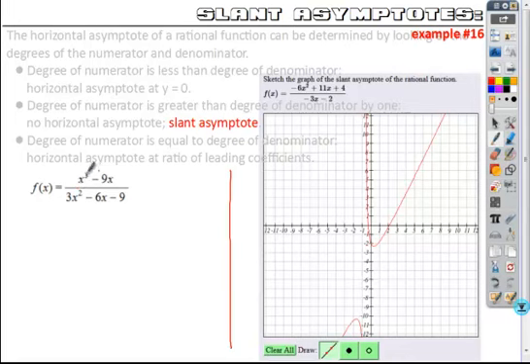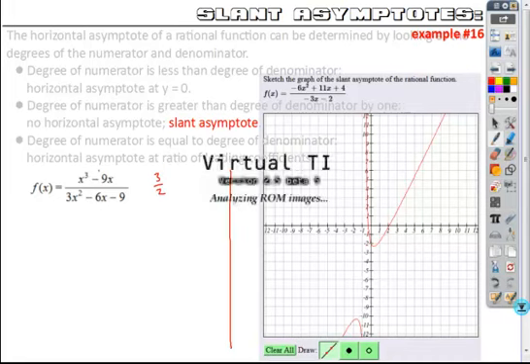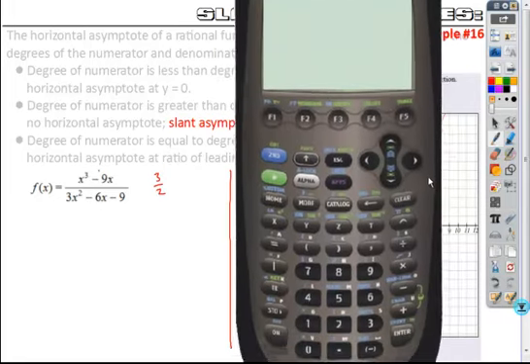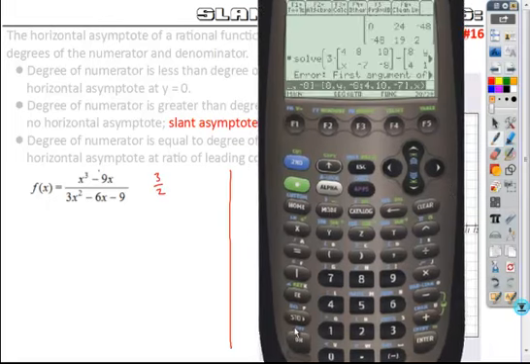Okay, so if you see right here that the degree of the numerator is 3, the degree of the denominator is 2. So 2 can divide into 3. We can use long division for this function. And so if I use the calculator to find the long division quotient of that, do you guys remember, what do I have to type in to do long division on my calculator?